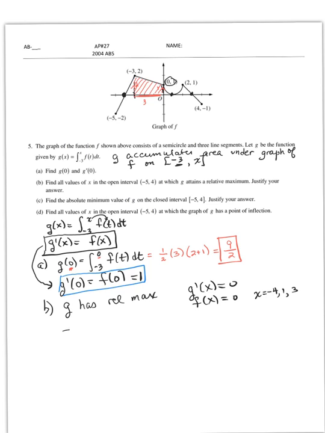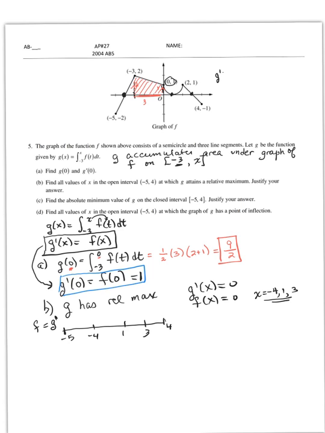So we make a number line using the same domain as f, which is -5 to 4. We put in these critical values, -4, 1, and 3, and we label on the number line the derivative of g, which is really f. So the graph of the derivative of g is the graph of f.